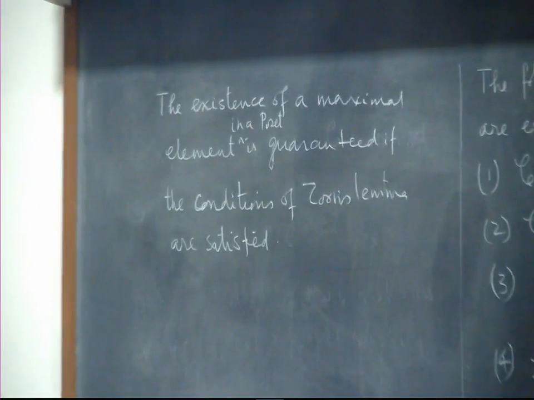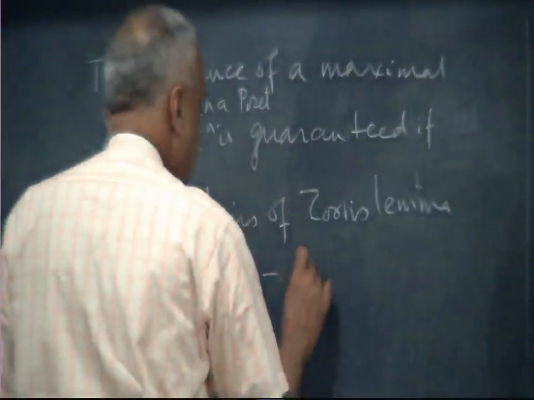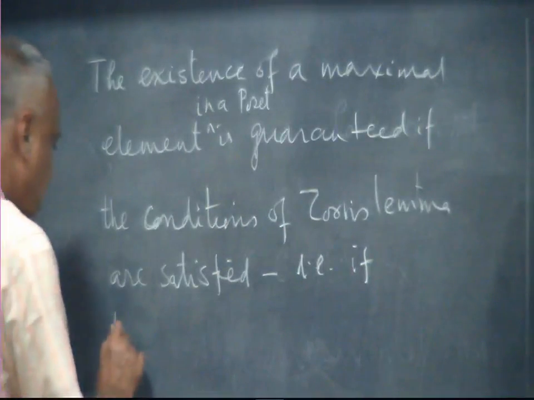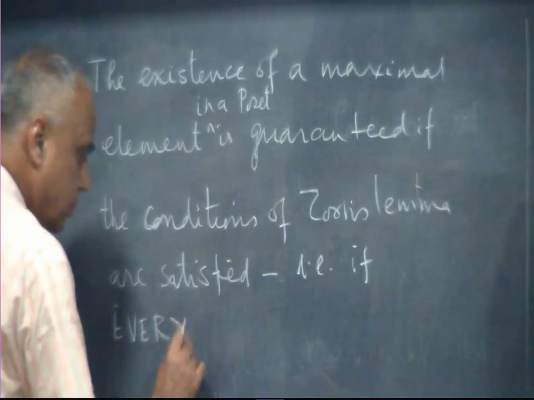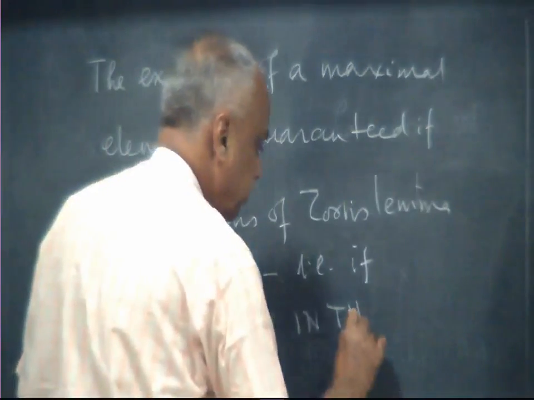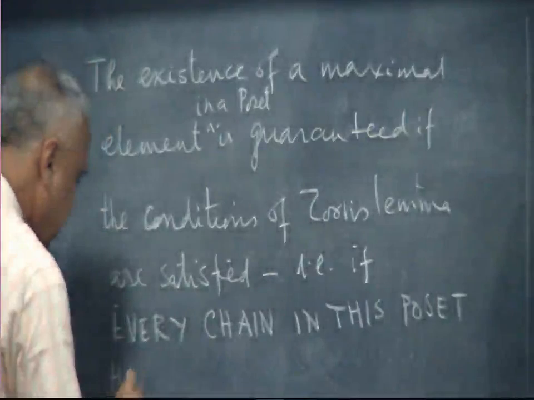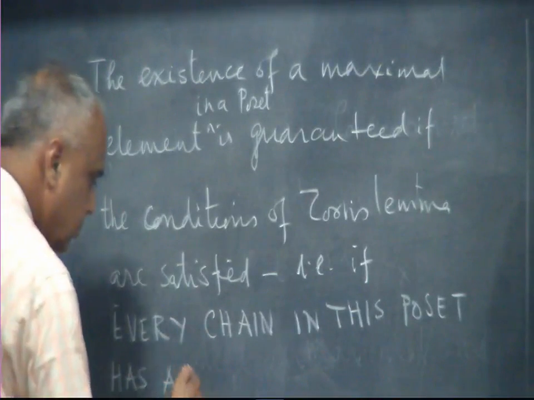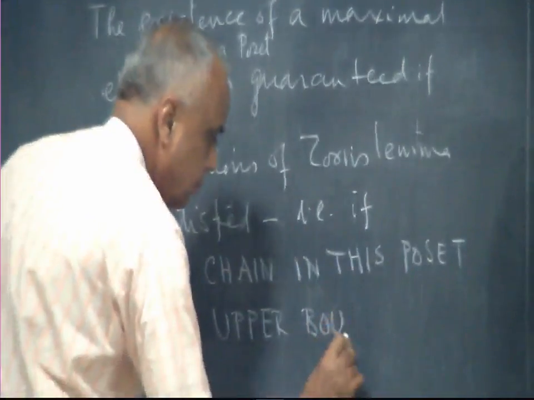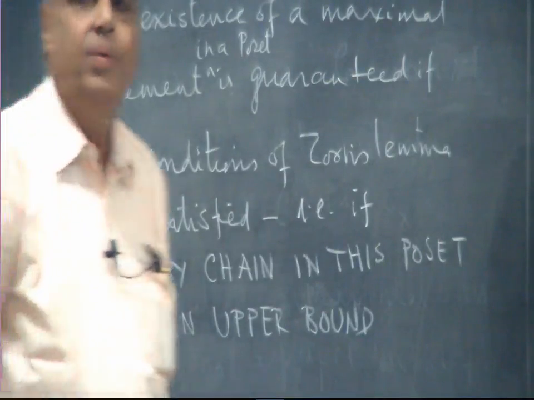What are these conditions? The condition says if every chain in this poset has an upper bound, this condition has to be satisfied.